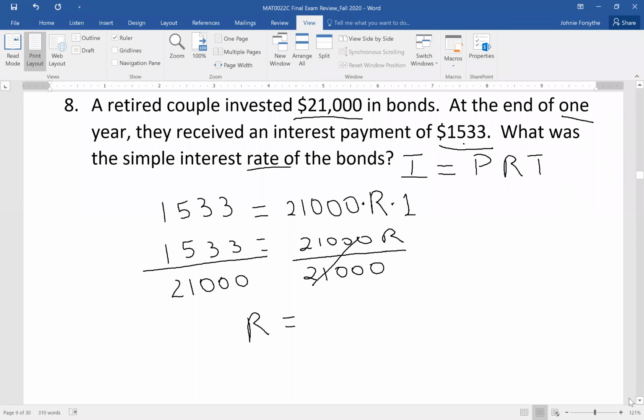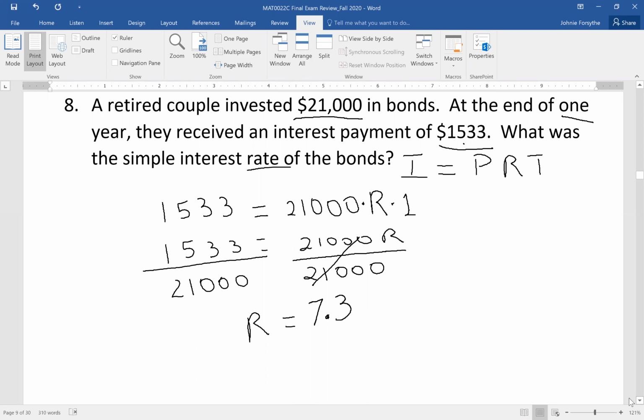Well, students are allowed to use a 4-function calculator in the class. So I think it's okay if you don't show all the steps for doing it, but I would be sure to emphasize what you put in the calculator, like what order you put it in there. Okay, so you mean I would have to put 1533 divided by 21,000? Right.